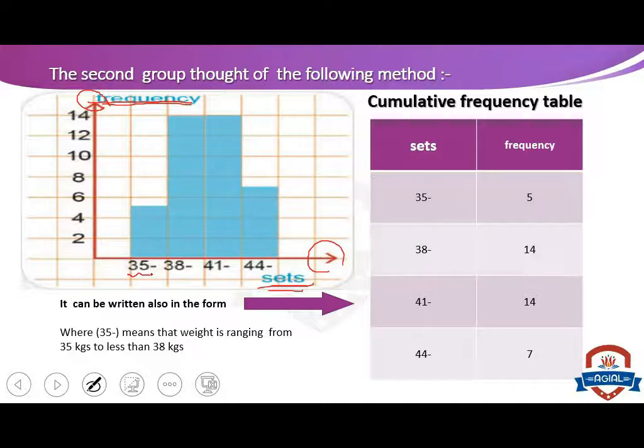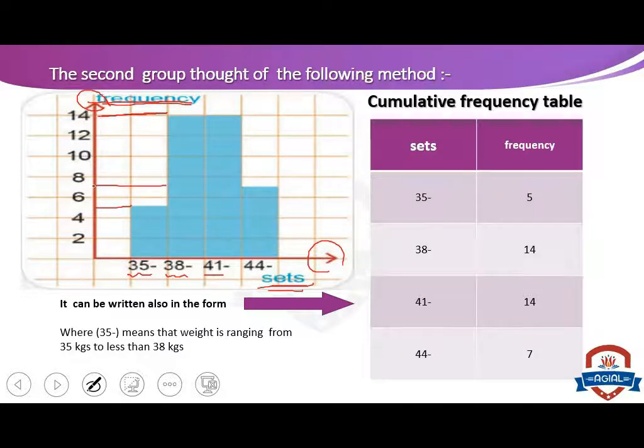How many students? We have 5 students. The second set starts from 38 to less than 41. How many students? The weight is 38 or 39 or 40. There are 14 students. In 41 we also have 14 students, and in 44 we have just 7 students.